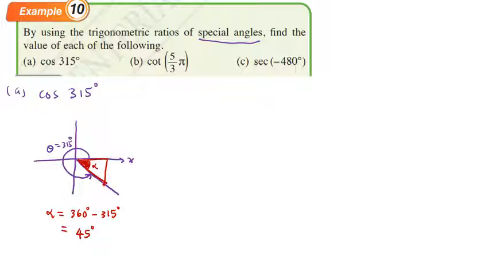So write here, cos 315 is equal to cos 45. Let's look at the signs: All Sines Tangent Cosine. So only cos is positive. Yes, positive. So cos 45 from the table gives us 1 over square root of 2.